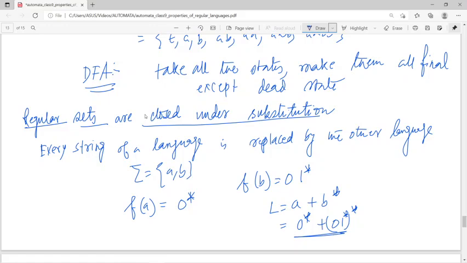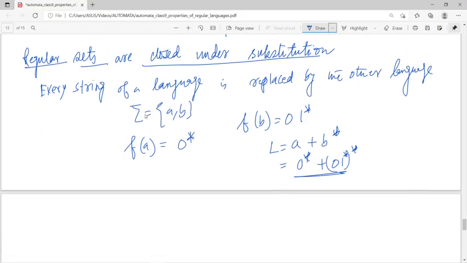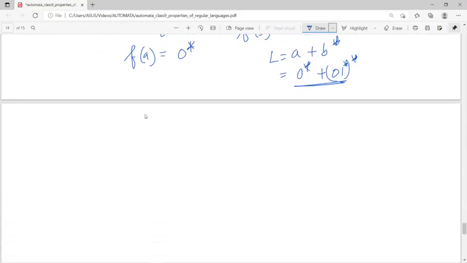You just need to know that regular sets are closed under substitution. So all the operations so far, homomorphism, inverse homomorphism, right quotients, init operation, substitution, besides union, concatenation, intersection, difference, whatever, all are closed under regular languages.